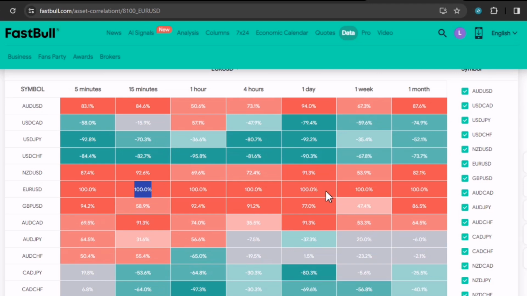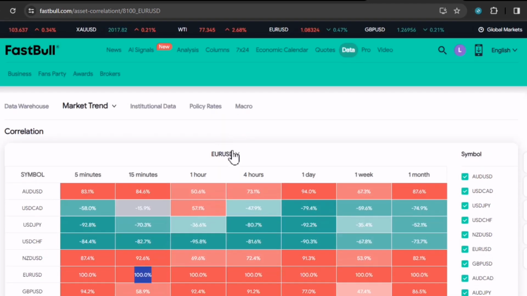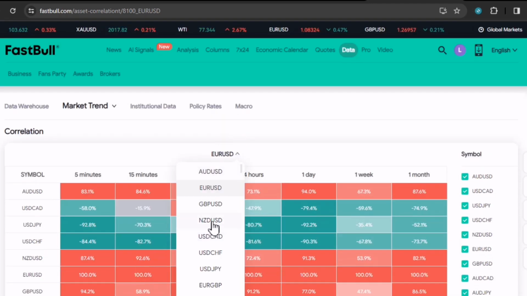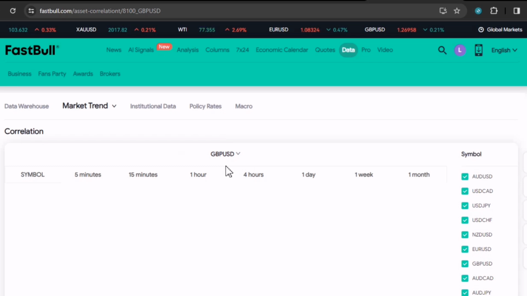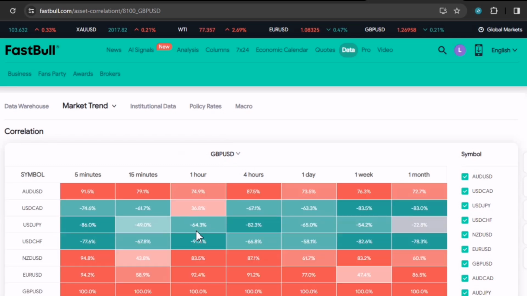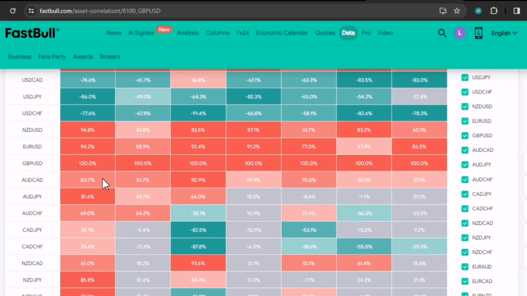So for me, once I have a very good entry, let's say on GBP USD, remember the first thing you do, you come here, you select the pair where you found the signal, which is GBP USD, and then you look for anything that has 90%.